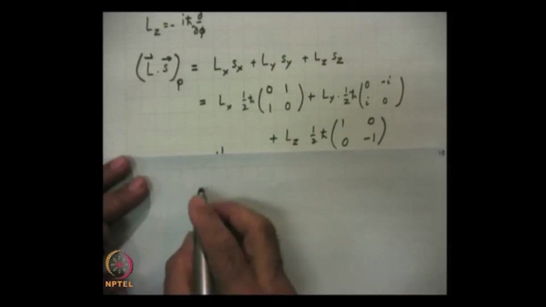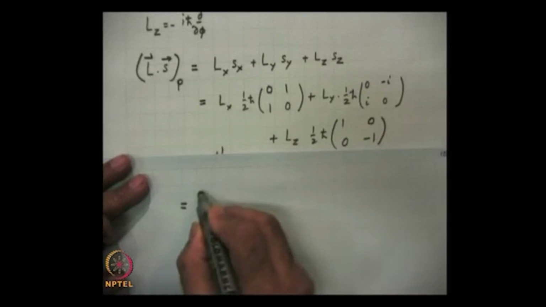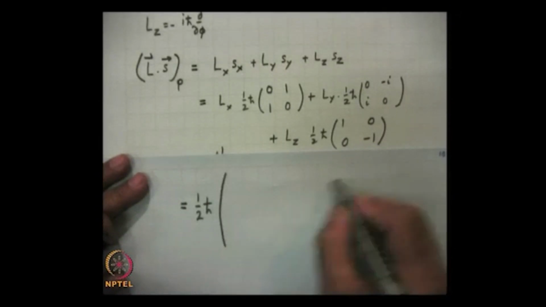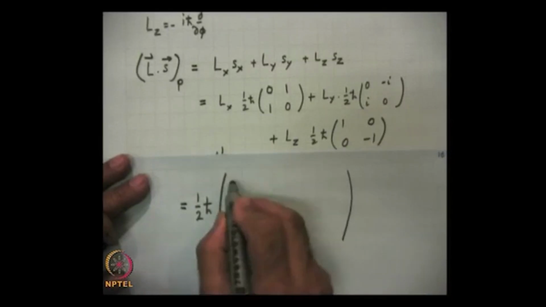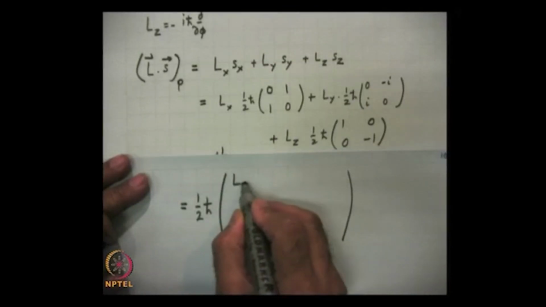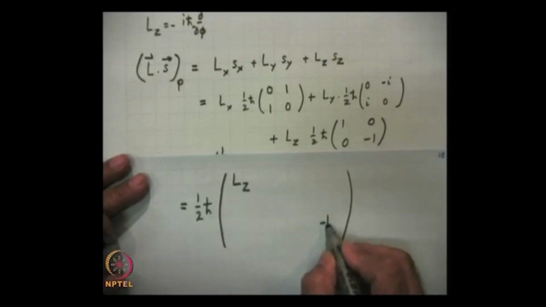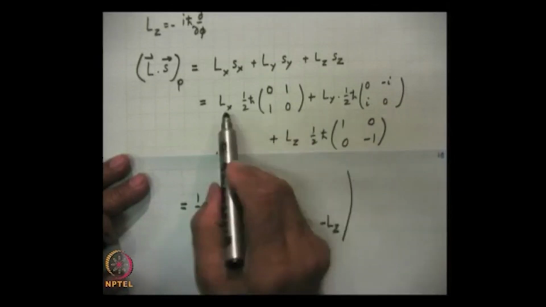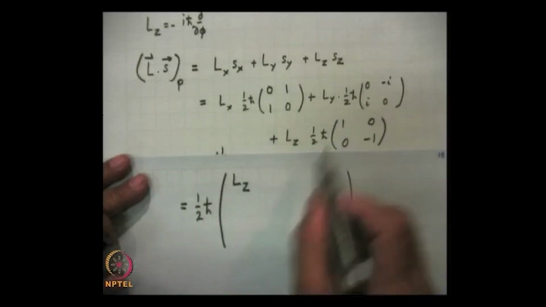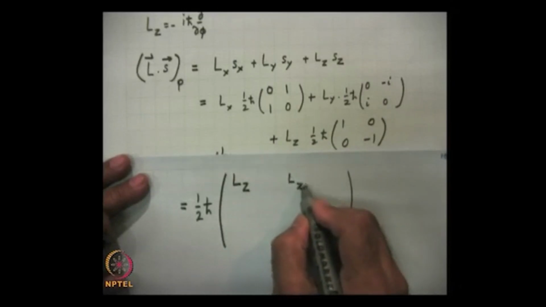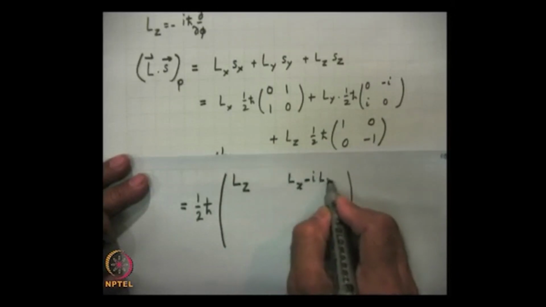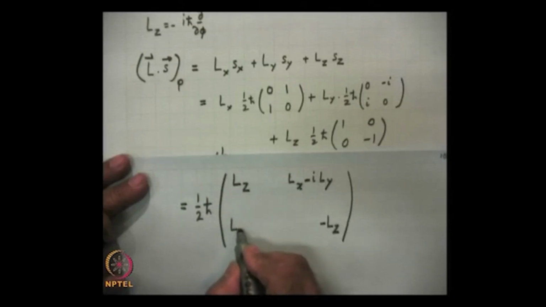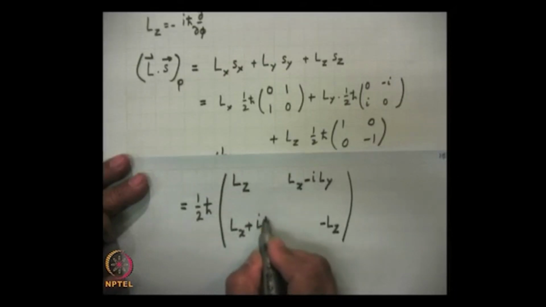This becomes half h cross outside, and we take a big bracket. This term is Lz and minus Lz, and this term is Lx minus i Ly, and this is Lx plus i Ly.